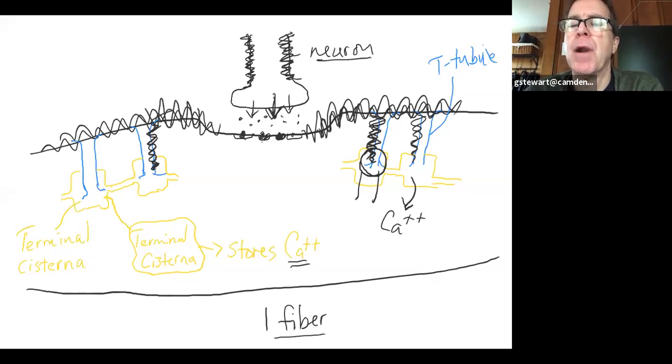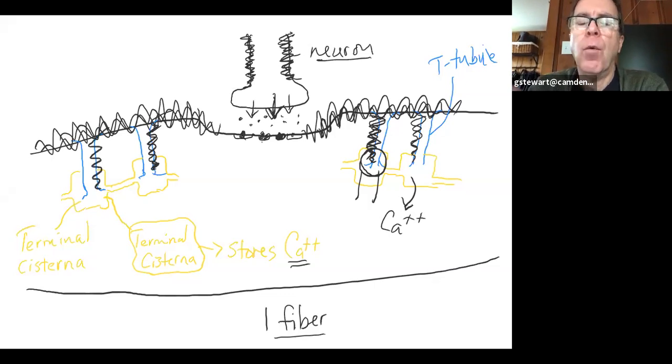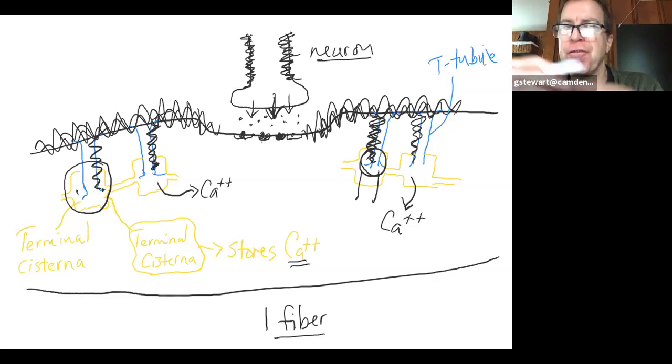The T-tubules guide that electrical impulse inward. When the electrical impulse reaches the triad area, which is just two terminal cisternae associated with one T-tubule, calcium ions are released from the terminal cisternae, and the calcium ions flood the inside of the cell.